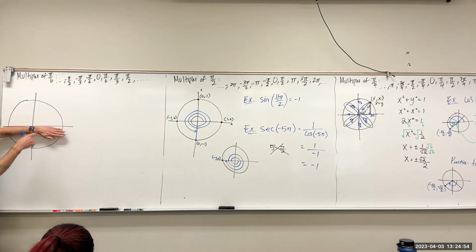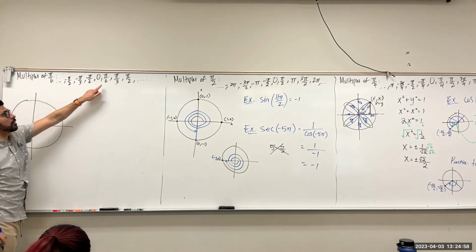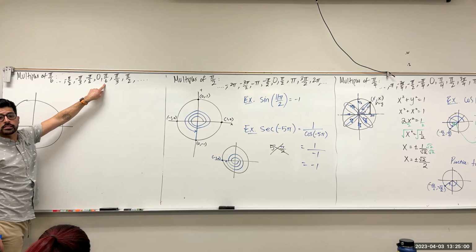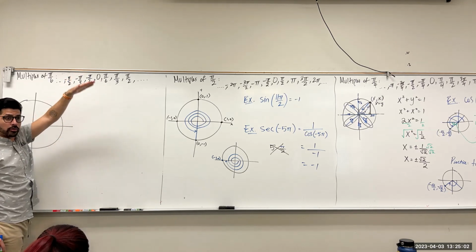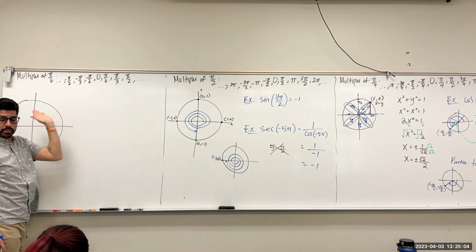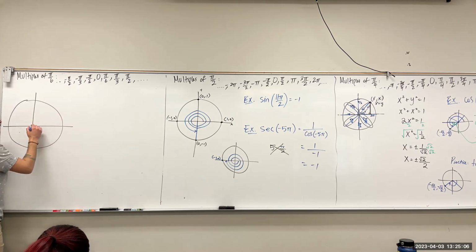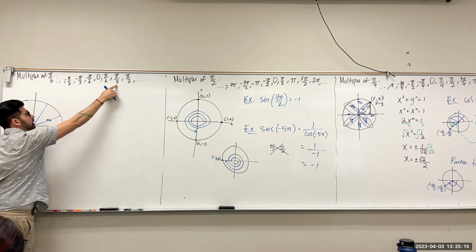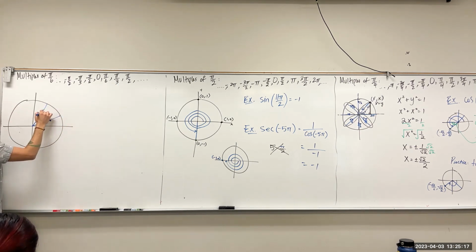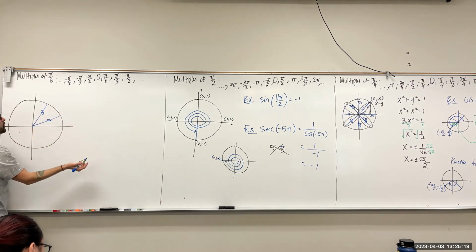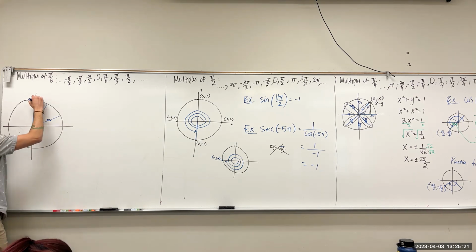All right, so your pi, your 180 degrees, got split up into how many parts? 6 parts. So the top part of the circle is going to be split up into 6 pizza slices. Okay. So 1 pi over 6. I'm gonna do right here, 1 pi over 6. 2 pi over 6 is really going to be pi over 3. 3 pi over 6 turns out to be right here, pi over 2.